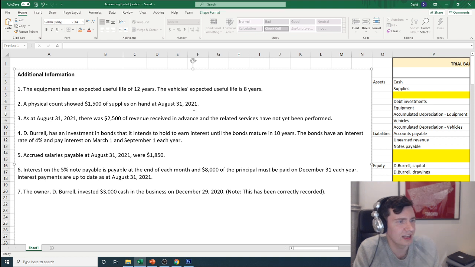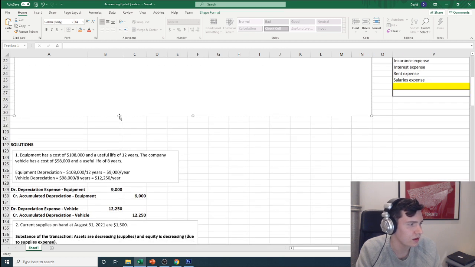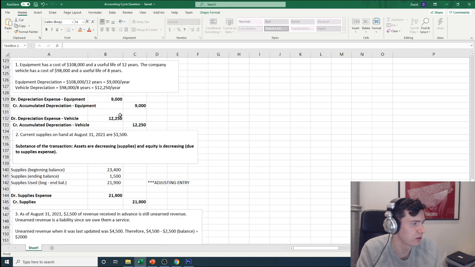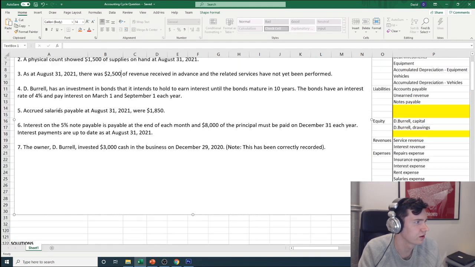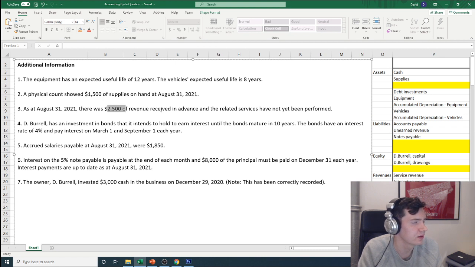If we haven't earned that revenue yet, it's going to be considered unearned revenue, right? So it's like deferred, unearned revenue. And we need to show that.